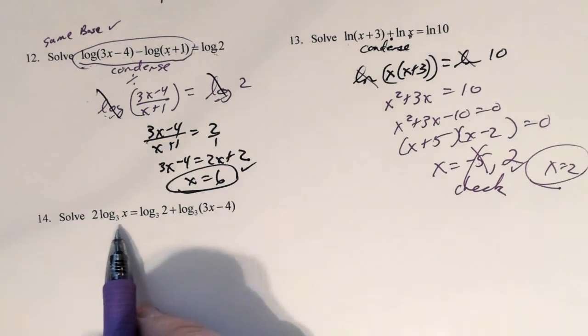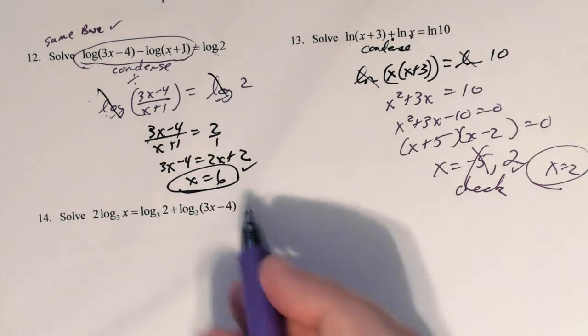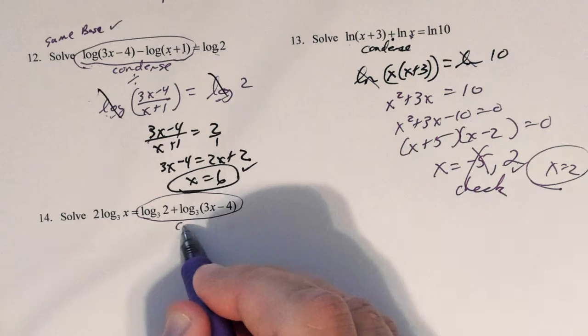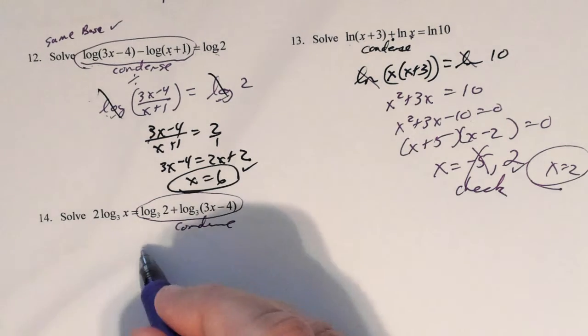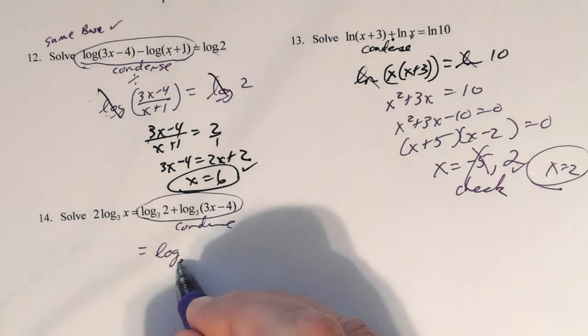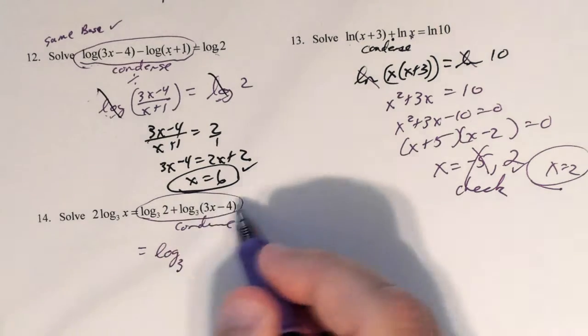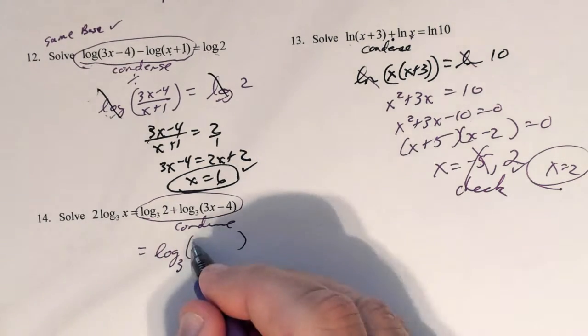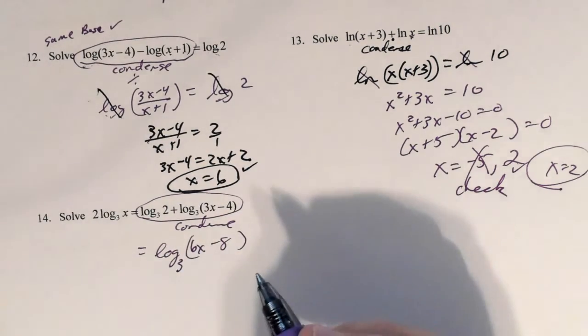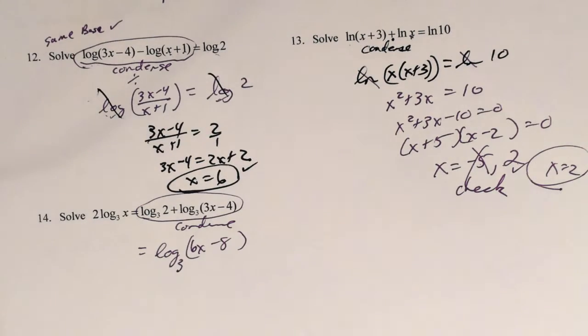Alright, so here we have 3 logs again. Well, over here, we can condense. We've done this, so this would be log base 3 of, I'd multiply those together, 6x minus 8.